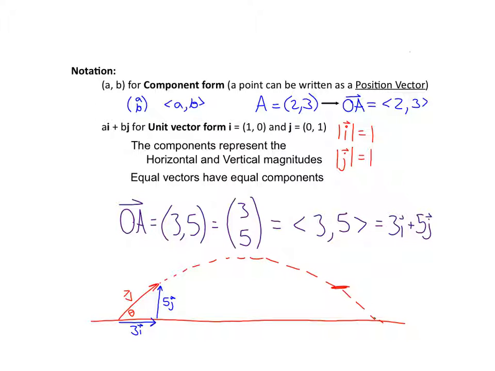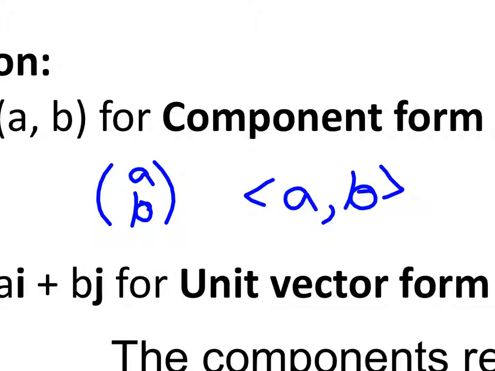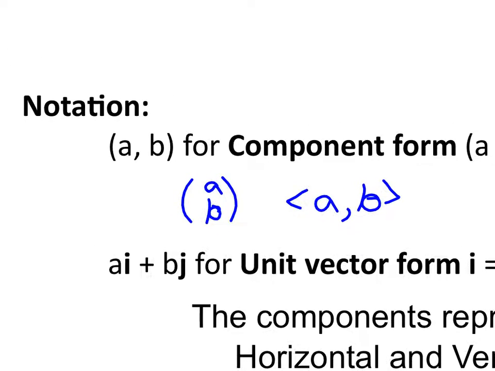And the component form is this notation here. Okay? We can look at regular parentheses like you see here. Okay, you can see parentheses like this, but notice the components are top and bottom. Okay, this is not a fraction. There's no fraction bar in here. It's simply a is our horizontal component and b is our vertical component.